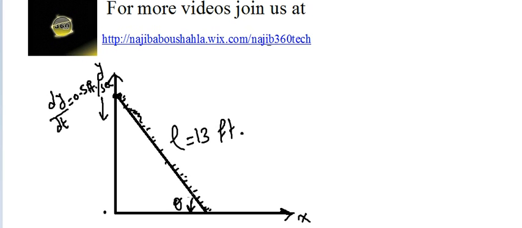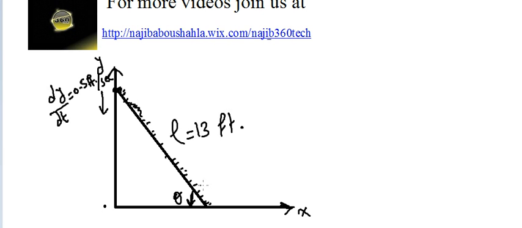For sure, the angle theta will be decreasing, because the ladder will be a little bit smaller and smaller as it slides. So what is this change? How fast is theta changing?